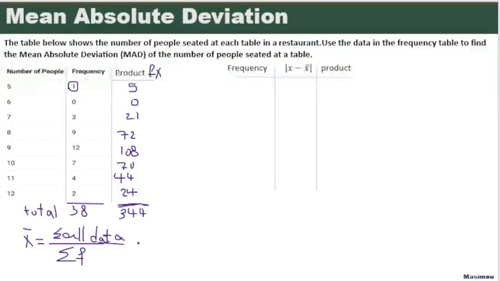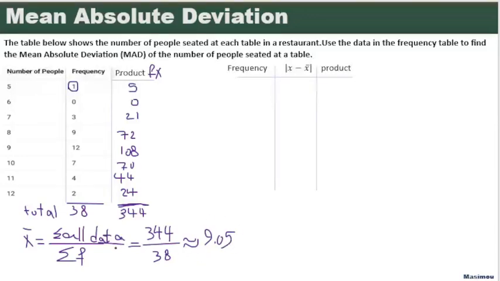So my mean equals 344 divided by 38, which is almost 9.05.